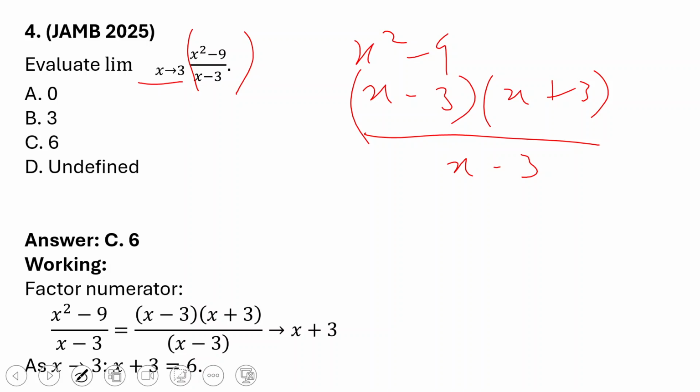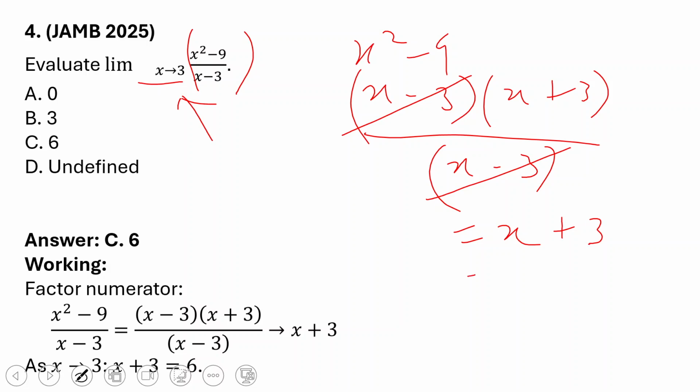By the time you cancel out the common factor, the simplified expression becomes x plus 3. But then we are asked to put x as 3, that is the meaning of x tends to 3. So when we see x, we put 3, and 3 plus 3 gives me 6. So the answer here is C, 6.